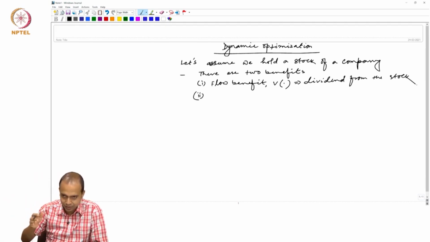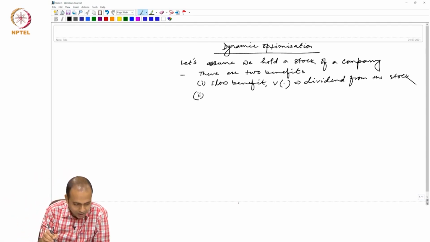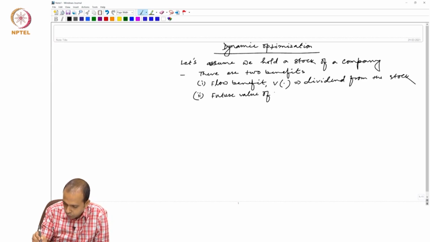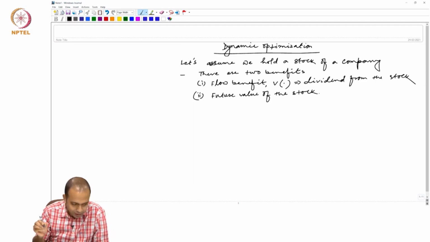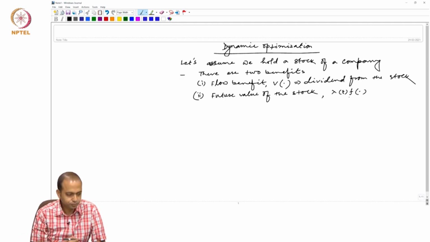And at the end, when you sell the stock to someone else, the other benefit you get is called the future value of the stock, and that is denoted by lambda t into f dot.